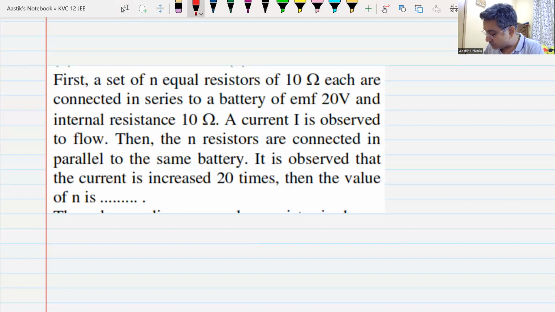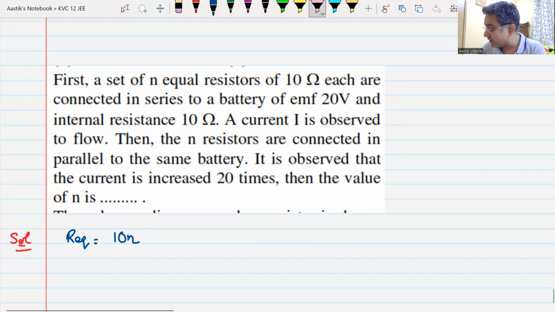So how are we supposed to do this? We have n equal resistances in series, so their equivalent resistance becomes 10n, 10 into n. And we have one more 10, the internal resistance of the battery.